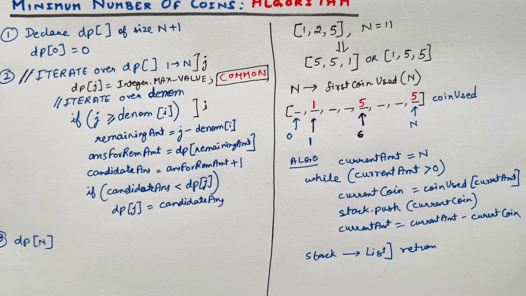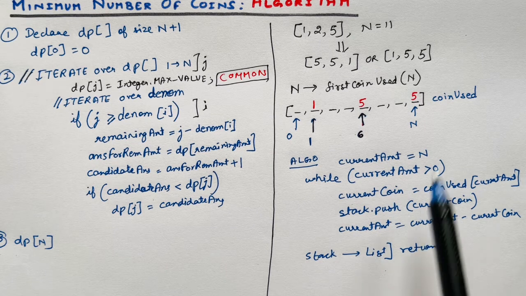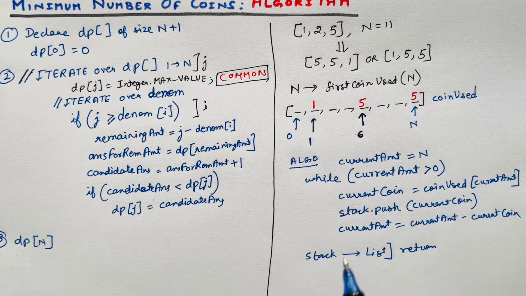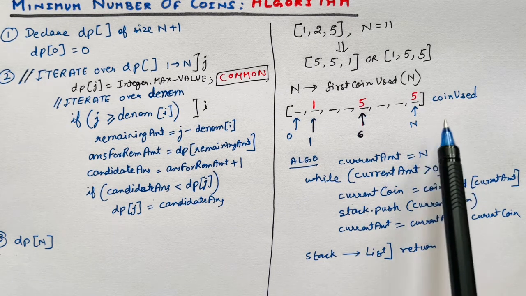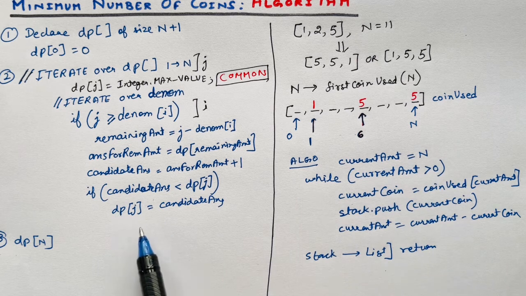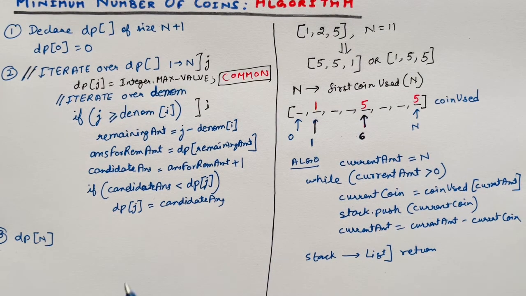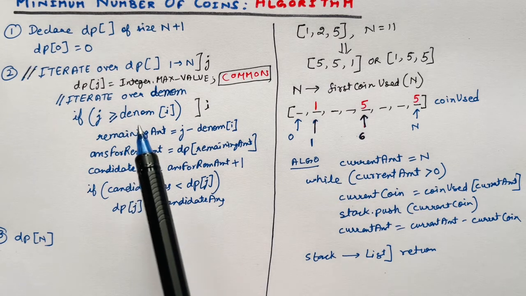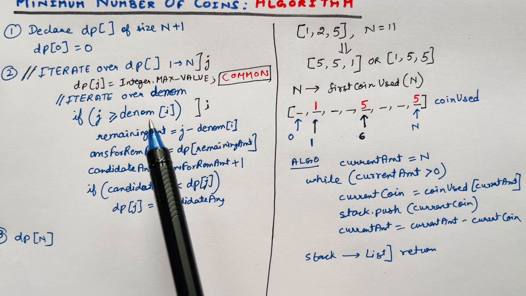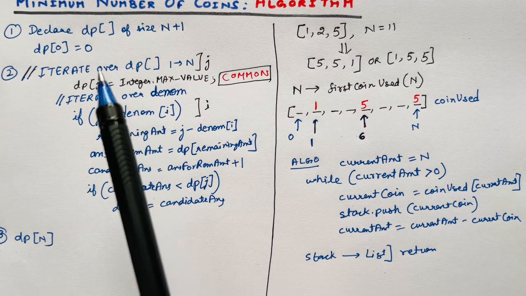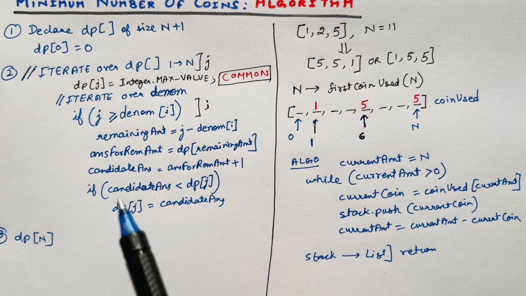Now the only problem that remains is how do we fill this array. As discussed earlier, when we choose the candidate answer for this particular n, we are in a way also choosing what is the first coin that we are using for this particular amount. So we can store the first coin used here.